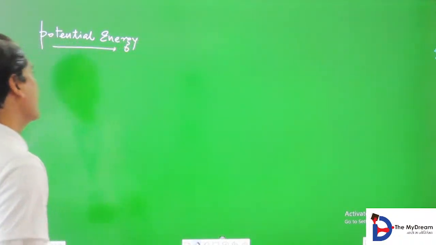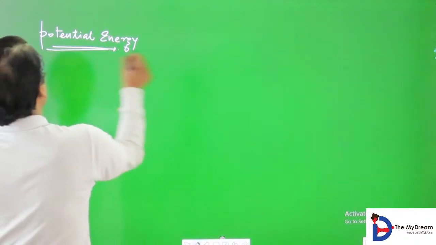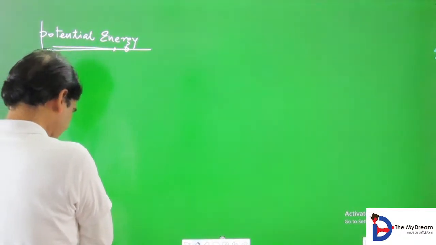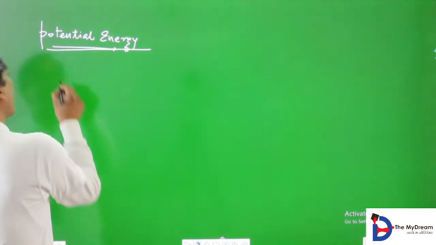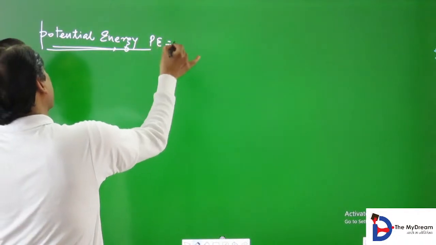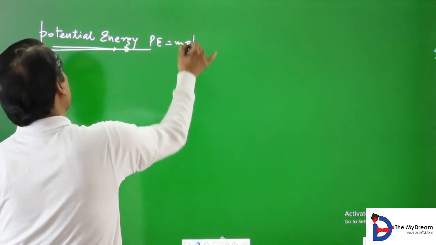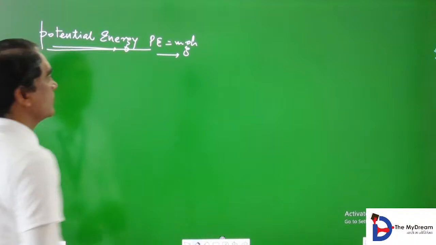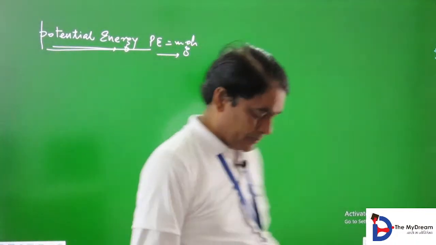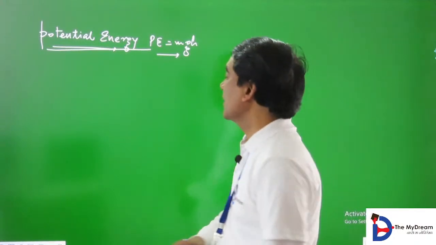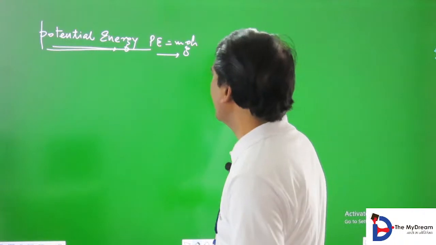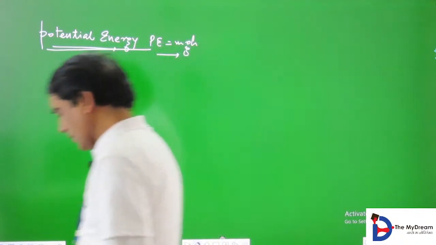So first we will discuss, generally you have studied mgh, where m is the mass, g is the gravity, h is the height attained by the object.